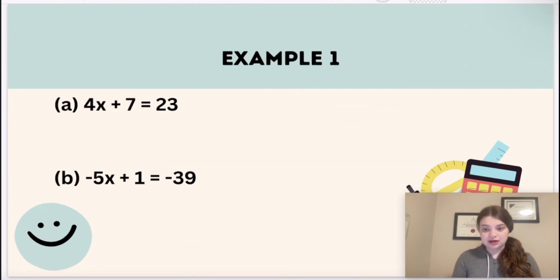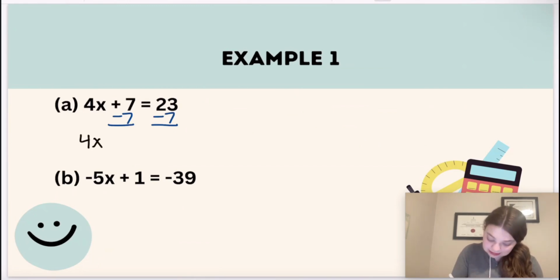Now, how do we get rid of a plus 7? We subtract 7. So I'm going to be subtracting 7 from both sides. If we do that, on the left side, I just have 4x. On the right side, I would have 23 minus 7, which is 16. So now that I've done my first step, I'm left with just a one-step equation of 4x is equal to 16.